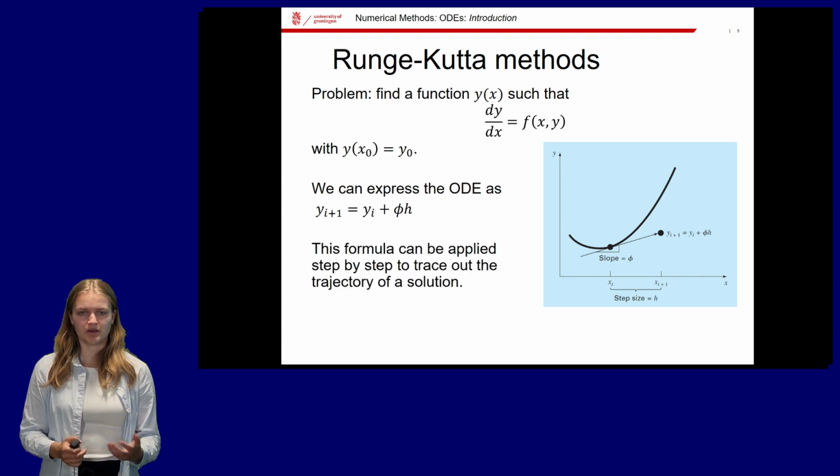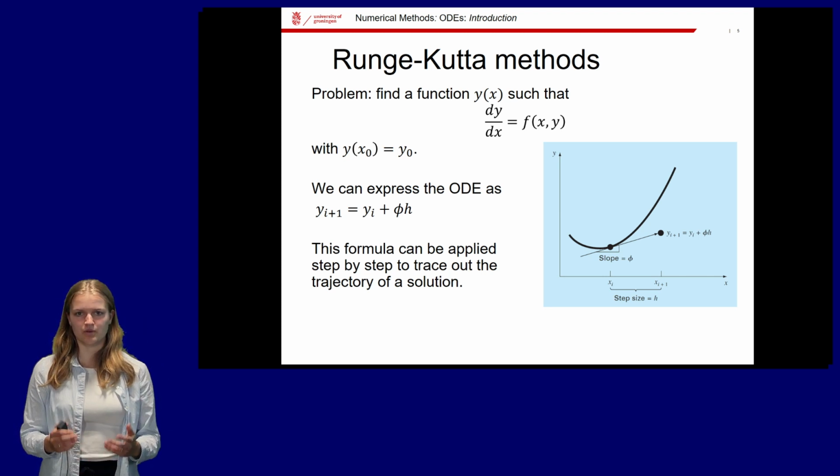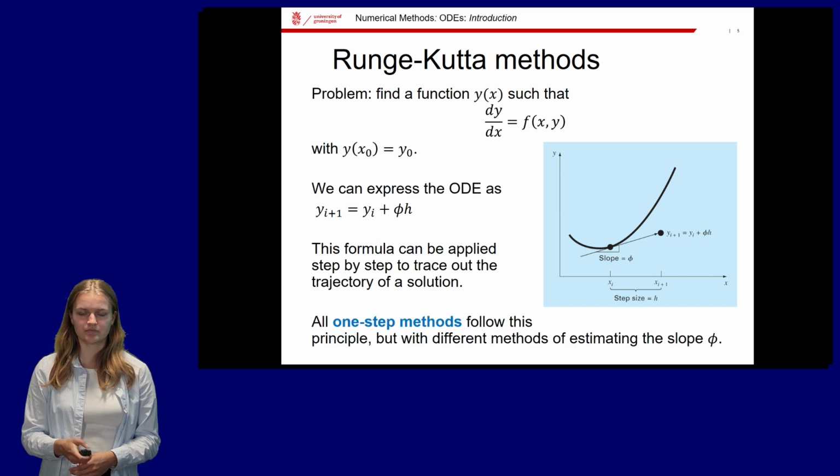Then you apply this formula repeatedly so as to trace out, step by step, a trajectory of the solution, to calculate a whole number of values for y. All one-step methods follow this same principle, but they differ in the methods of estimating this slope phi.